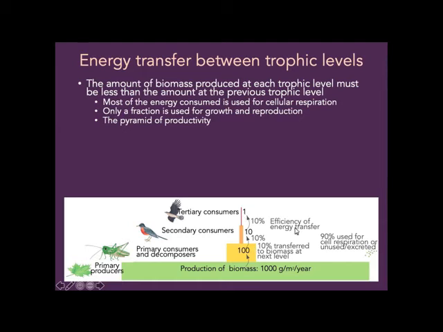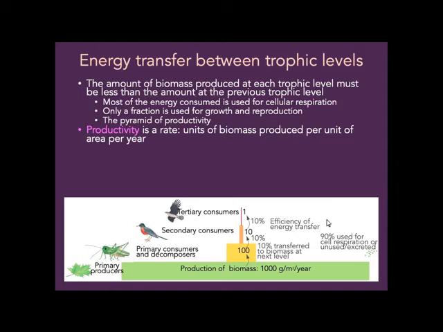So there's only 10% energy efficiency. So if you go from the bottom, where you started out with 1,000 grams per meter squared per year of leaf, that is only made into 1 gram per meter squared per year. So only 10% of the energy is transferred at each level, okay? And the other 90% is used for cellular respiration, or is not used or is excreted.